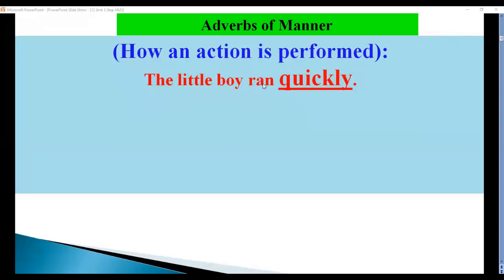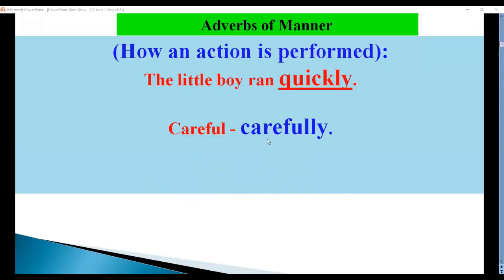Can we say the little boy ran quick? No. Quick is an adjective, and adjectives usually modify nouns and come before them. But the adverb is the adjective plus ly, and it is a word which describes or modifies a verb and usually comes after it. The little boy ran quickly.